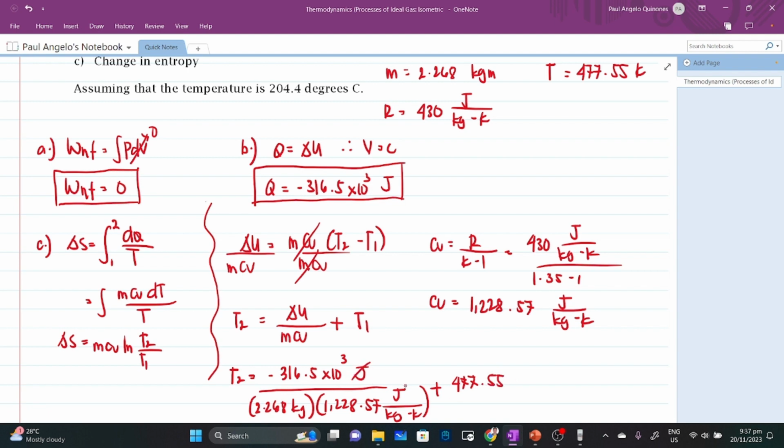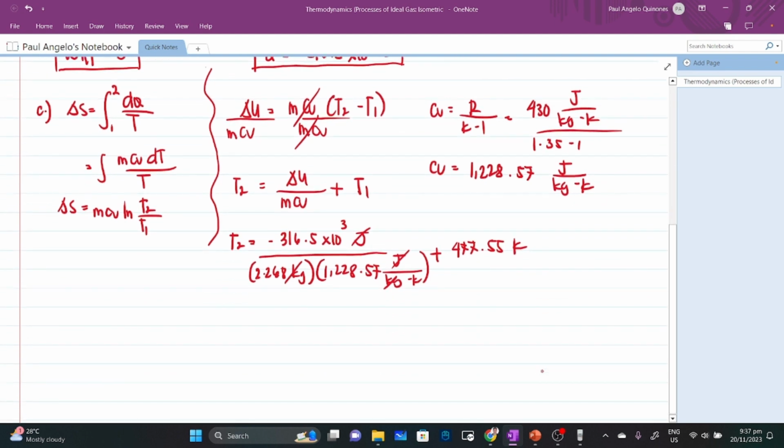As you can see, joules cancel out, kilograms cancel out, leaving us with T sub 2 in Kelvin.